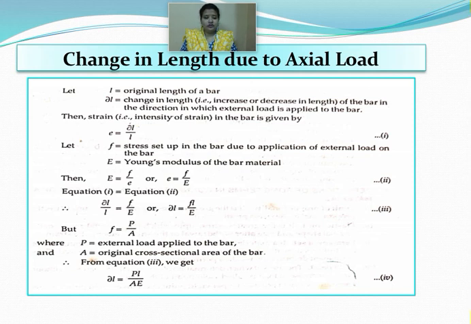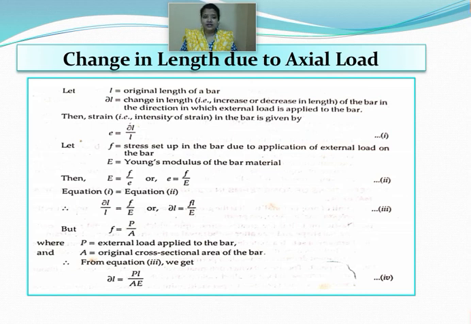So if you consider any bar and consider that it has its original length as L, you are applying the axial load at both ends. Now the load can be tensile, the load can be compressive.